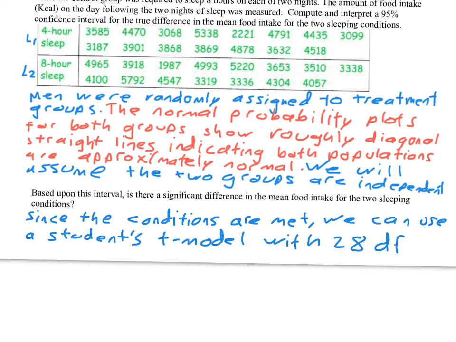So since the conditions are met, we can use a student's t-model with 28 degrees of freedom to calculate a 2-sample t-interval.